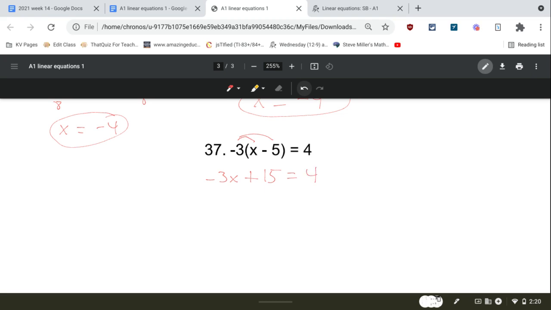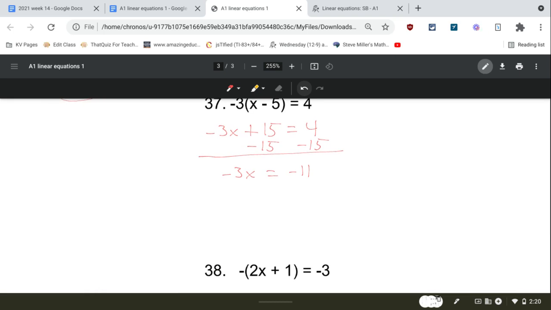So we just distributed it on the left-hand side, and now we're going to move the 15 over, the constant term. And we get negative 3x is equal to 4 minus 15, which is negative 11. At this point, I could just ignore the negative symbols.